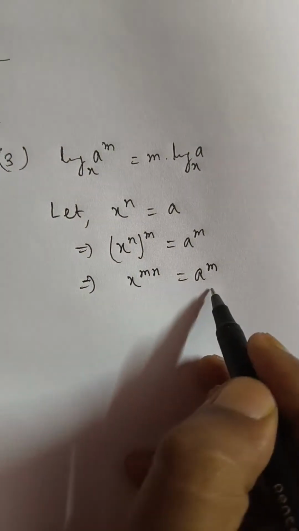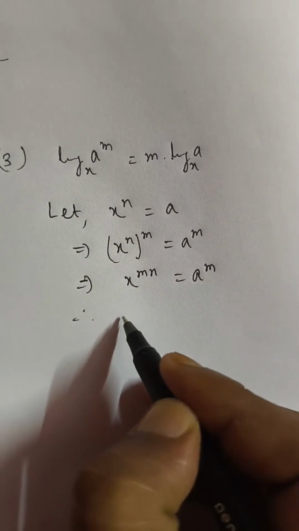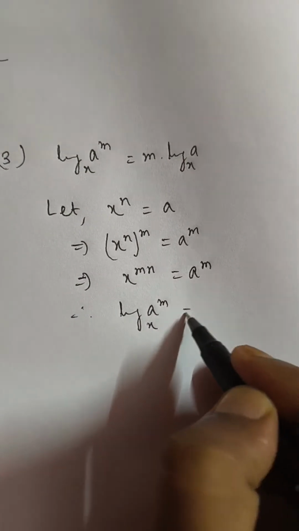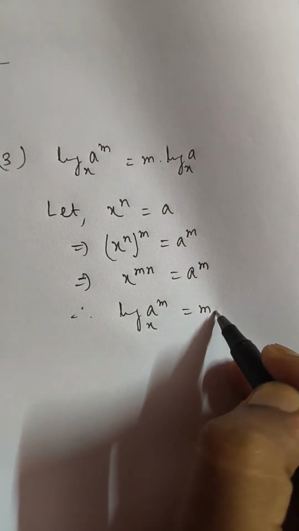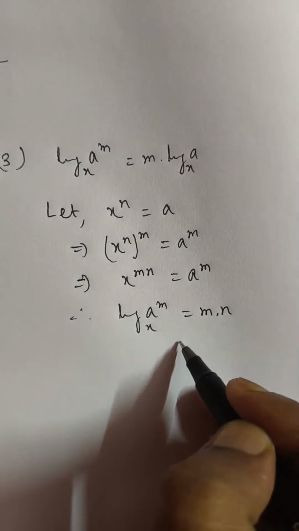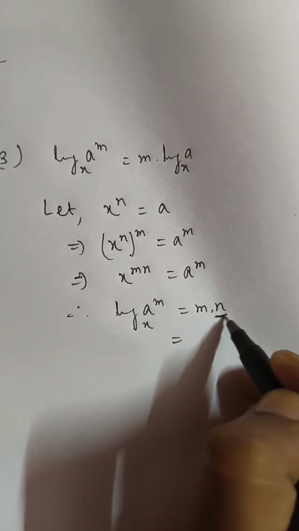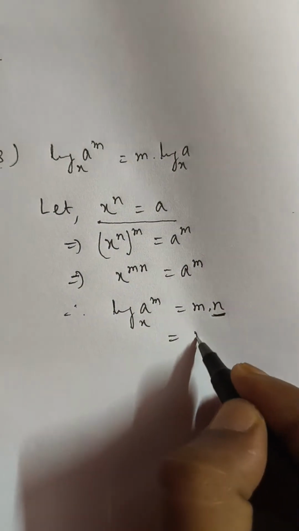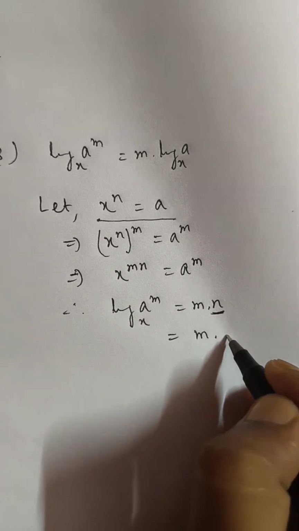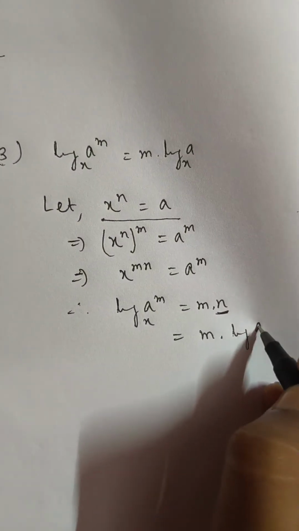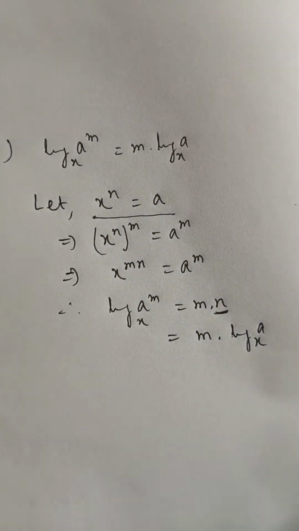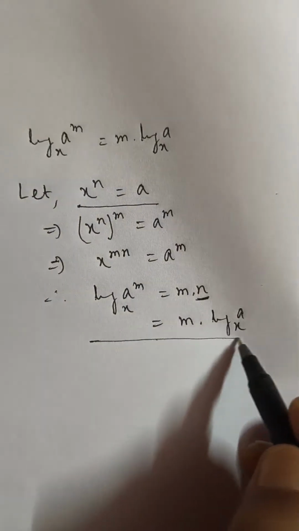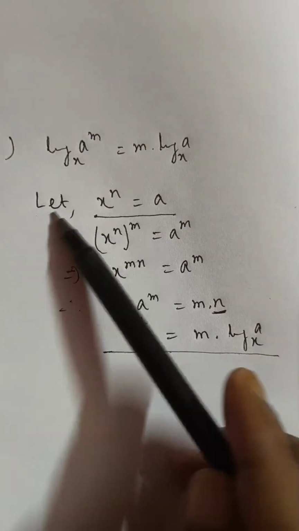Now by the definition of logarithm, we can write log of a to the power n base x is equal to m multiply n. So what is the value of m? By the definition of logarithm, we will get n multiply log of a base x. So in this way we can prove this property.